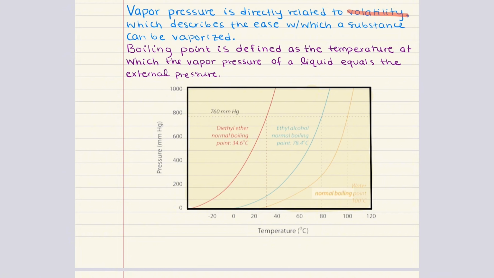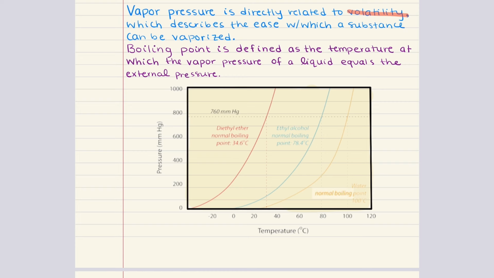This transition happens not just at the surface of the liquid, where evaporation typically occurs, but also throughout the liquid, leading to the formation of bubbles. These bubbles are pockets of vapor that rise to the surface and burst, releasing the gas into the atmosphere.